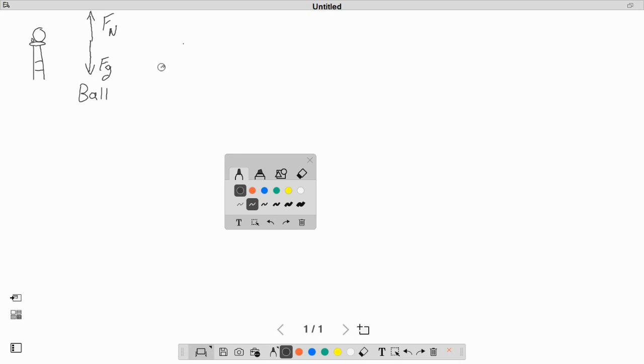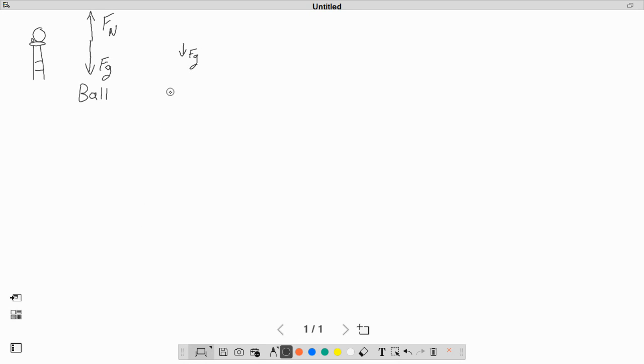Now let me ask you, should this force of gravity be the same size as the force of gravity on the bowling ball? Do the eraser and the bowling ball have the same mass? No. The acceleration will be the same, right? They're both 10, but they have different masses, so therefore they'll have different weights. So I'm going to draw this one smaller. Everybody okay with that? So I'm going to say eraser here.